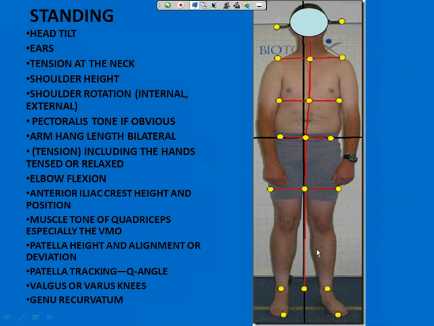Because if your left side is deviated away from the midline, the pull of gravity is going to be trying to let you fall to the left. So your right side will become tight, trying to stabilize your center of gravity.